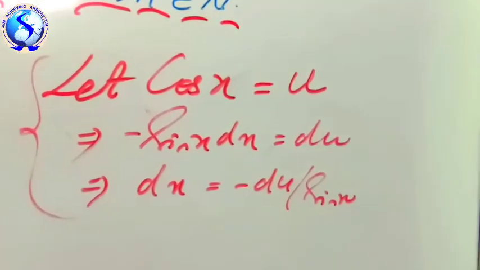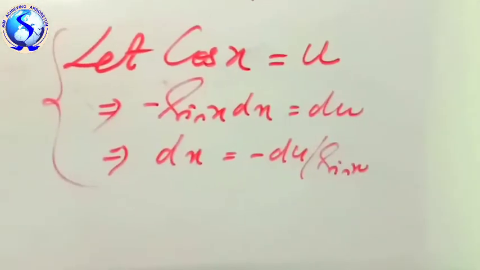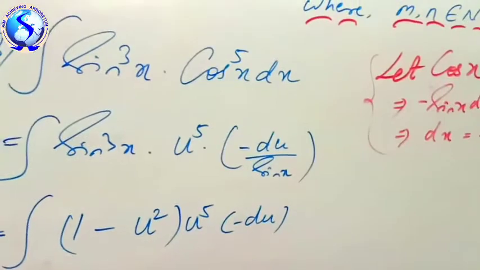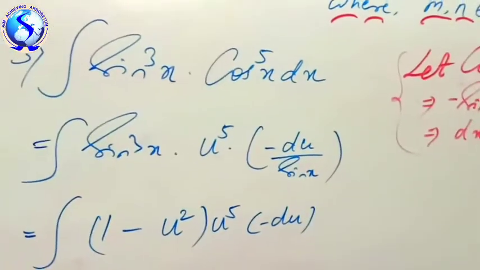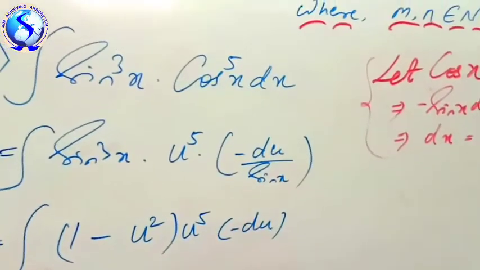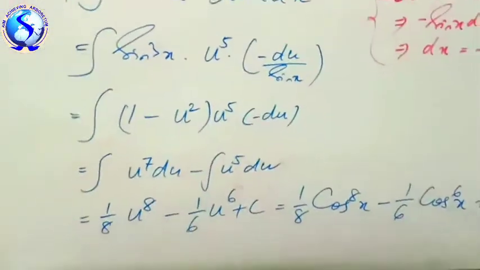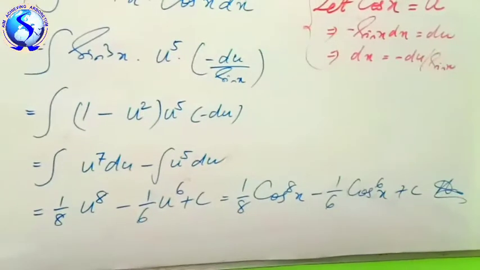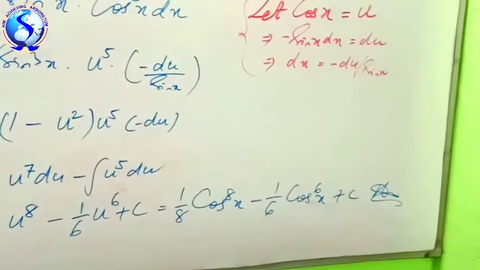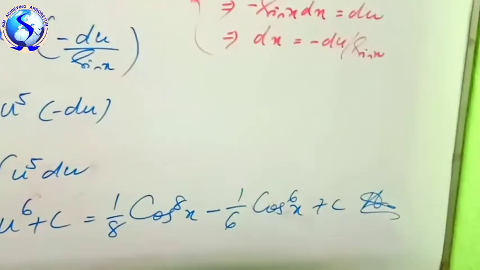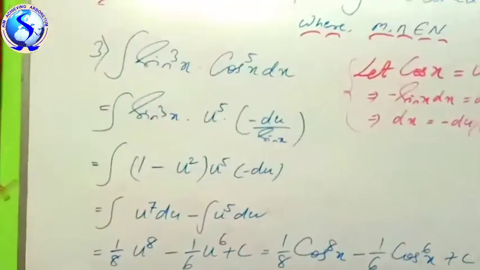The dx value will be minus du by sin x. Now put the value of dx here: sin cubed x into u to the power 5 into minus du by sin x. After simplification, the result is 1 by 8 cos to the power 8 x minus 1 by 6 cos to the power 6 x plus c, where c is the integration constant. This is the final answer of question number 3.